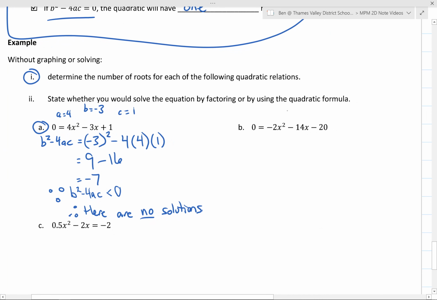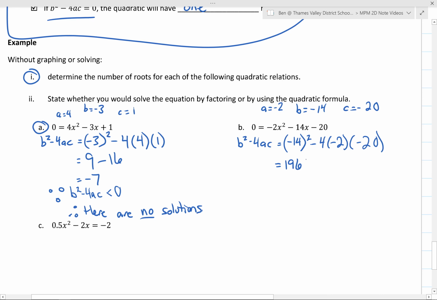Over here, this time we're working, same as before, on the right-hand side of the equal sign. I can see my A term equals negative 2, my B term equals negative 14, my C term equals negative 20. Okay, let's try it out. b squared minus 4ac equals negative 14 squared minus 4 times a, which is negative 2, times c, which is negative 20. Negative 14 squared is 196.